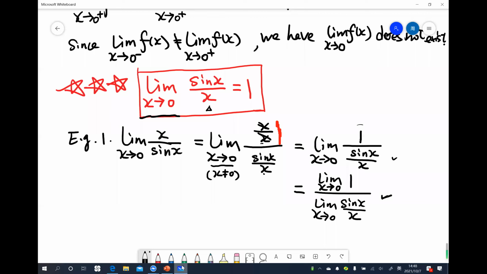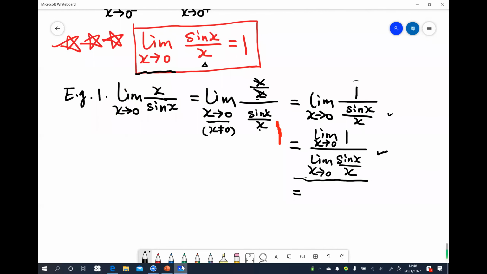Okay, then we got this step. And here, we have to know, can you remember, the limit of a constant function always equals the constant, right?